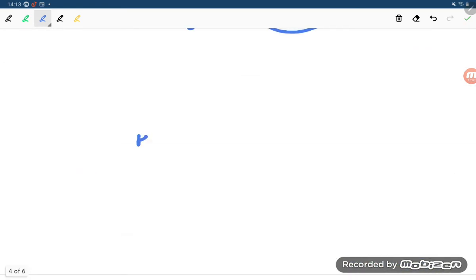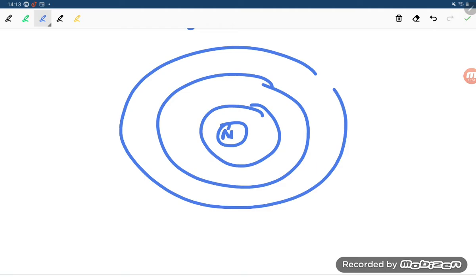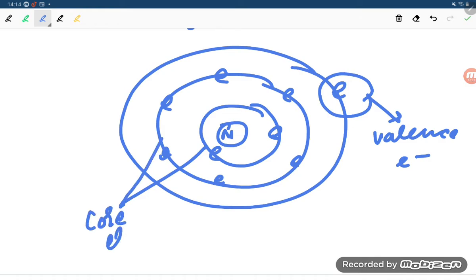Suppose I am taking one atom, with the nucleus. There are so many shells possible. Whatever the outermost electrons are, student, those are known as valence electrons. And the electrons in the inner shells are known as core electrons.